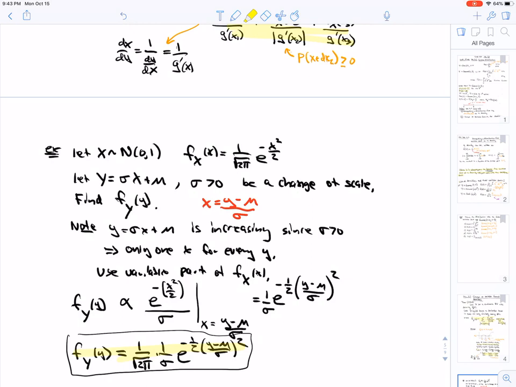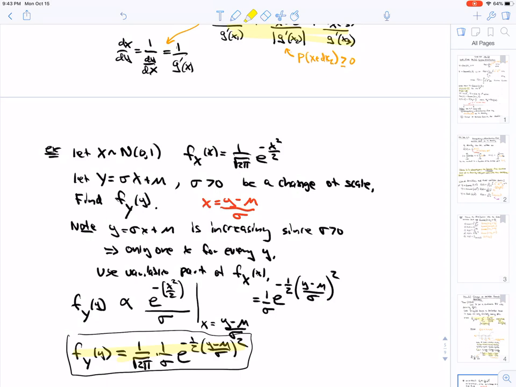Okay, so say that x is the standard normal. So I've written out the density here. And y is sigma x plus mu, where sigma is some change of scale, sigma being positive. And we want to find the density of y.